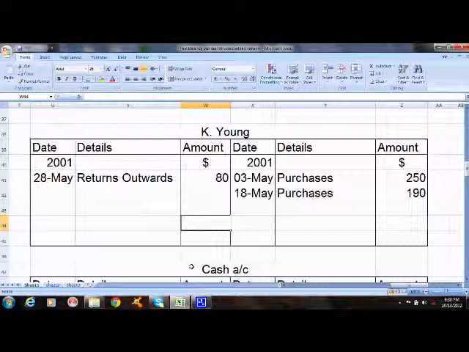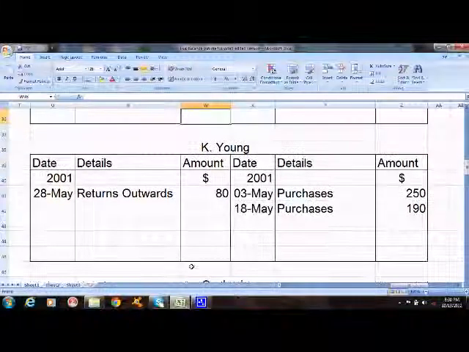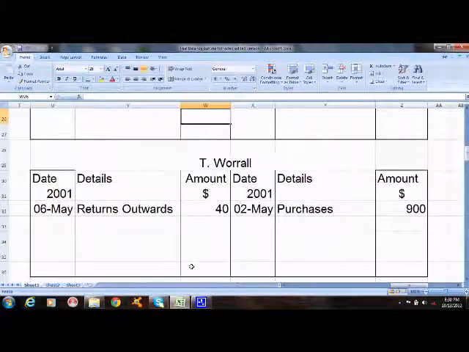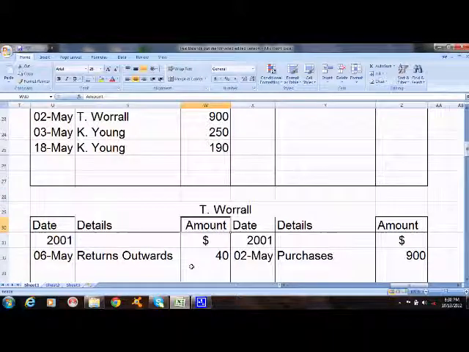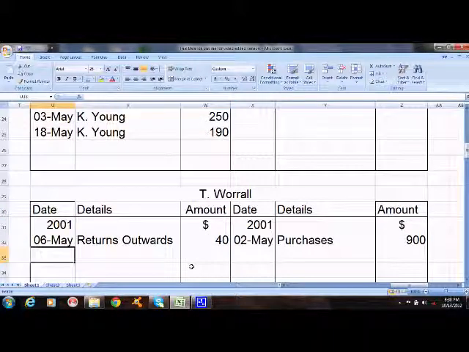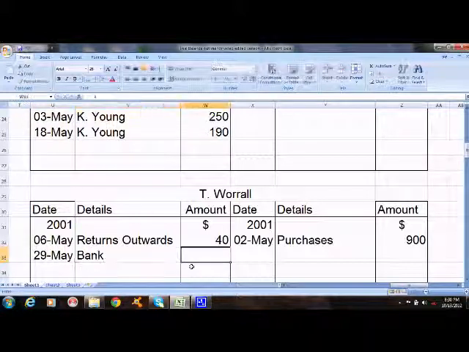However, our asset is decreasing as well, so we're going to make a credit entry in our bank account. When you debit T Oral's account, it's May 29 bank, and the amount is $860.